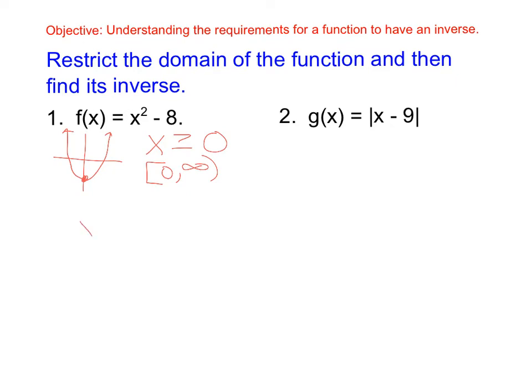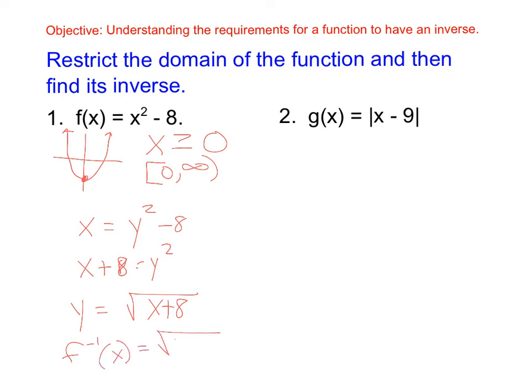So remember, we do x equals y squared minus 8. x plus 8 equals y squared. So y equals the square root of x plus 8. So we have f inverse of x equals the square root of x plus 8.